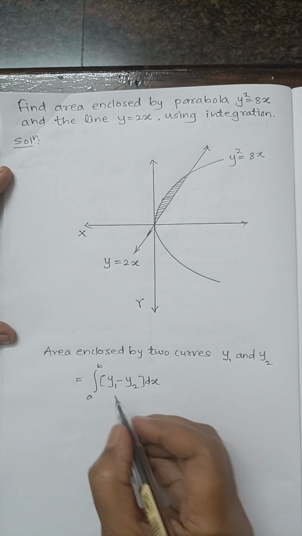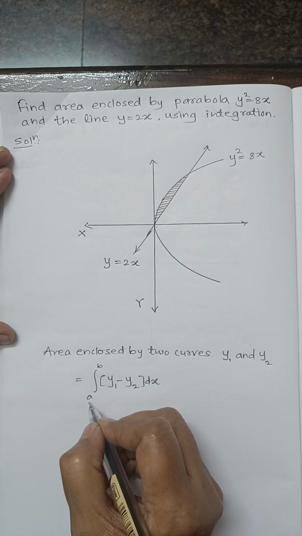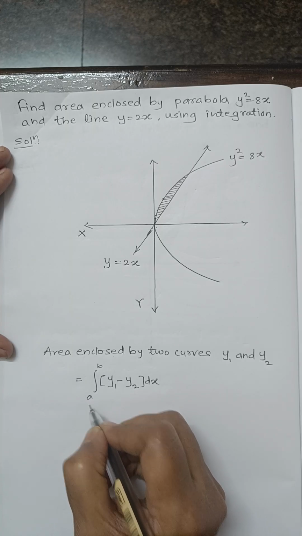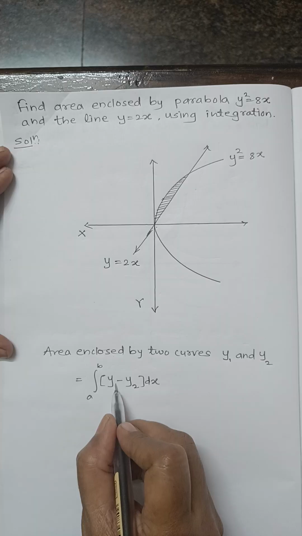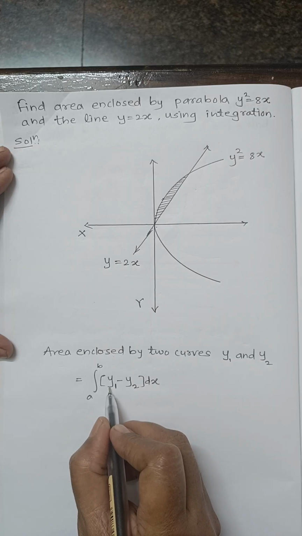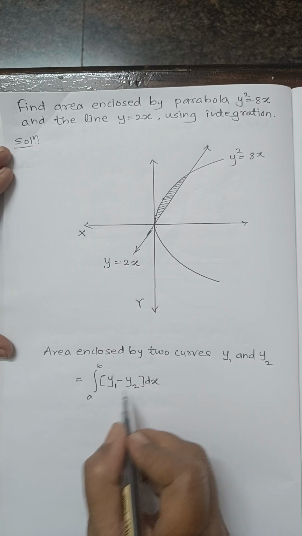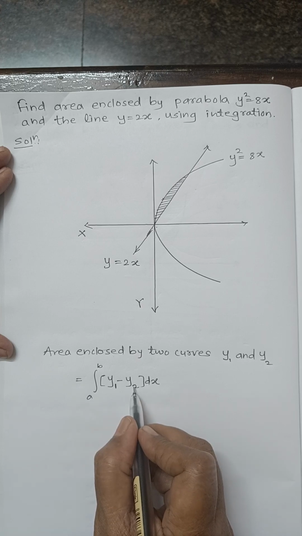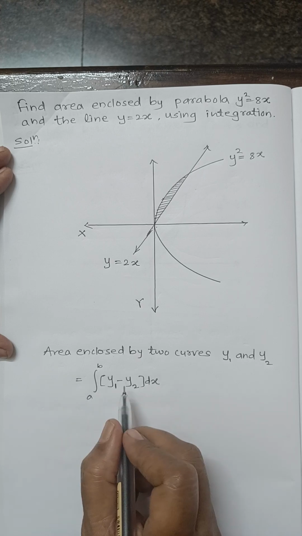To find the limits we need to find the points of intersection, and then we have to express the equations of the curves as y as a function of x, then we can find this area.